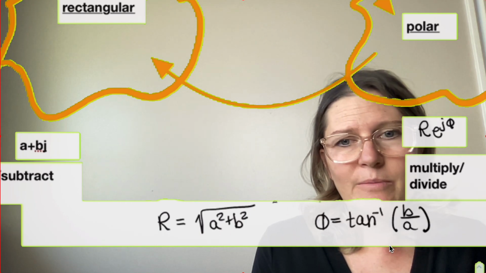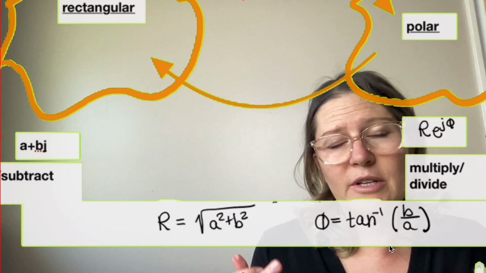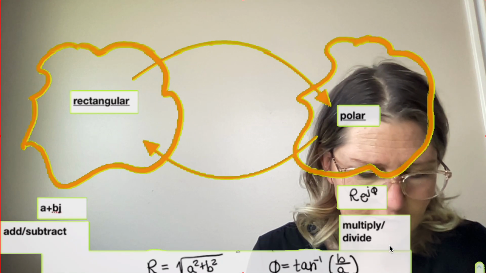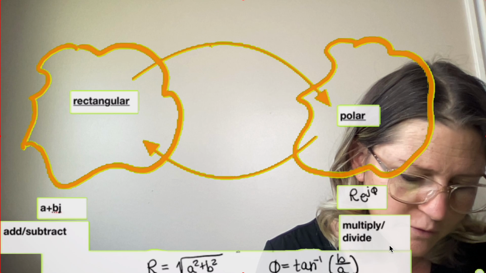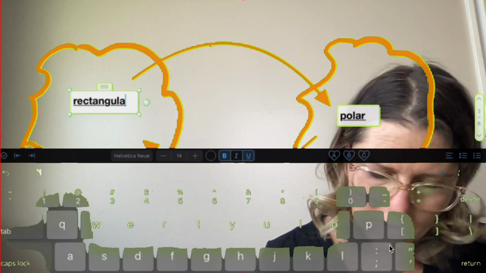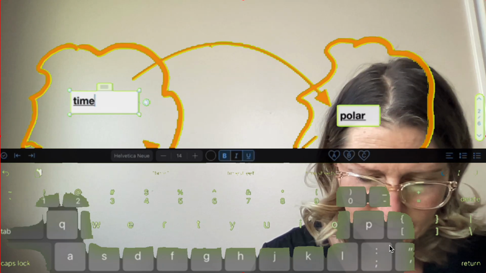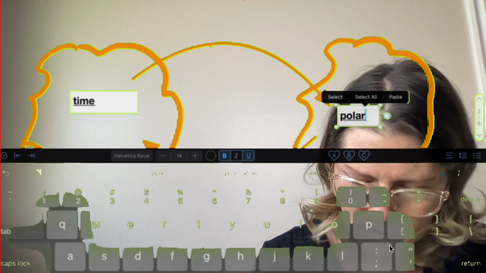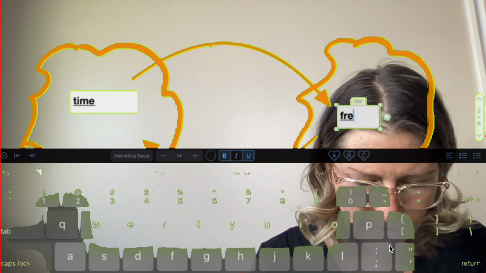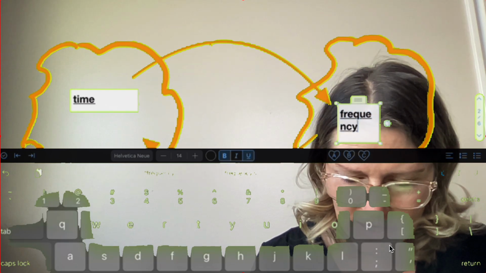So this concept is what we're now going to look at for what is called Laplace, which is to, instead of rectangular form, move from the time domain into the frequency domain. So same kind of concept as that, except for now it's going to be time domain to frequency domain.